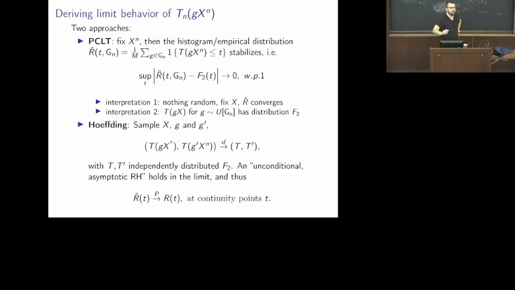One thing I'm confused about: it feels like the result from the PCLT implies the result from the Hoeffding criteria, right? Because here we have uniform convergence in probability, and this is a lot more satisfying.